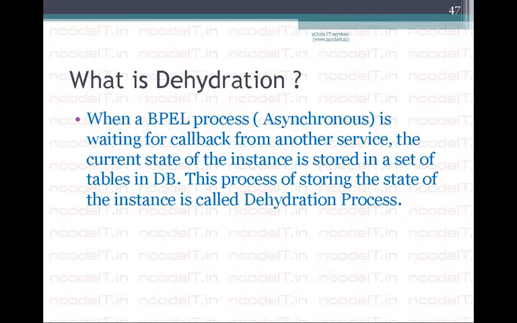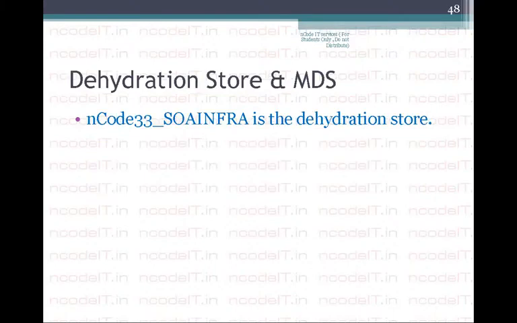So when service 2 calls back, the service 1 should still be available, which means you need to store the state of service 1 somewhere permanently. So at regular intervals, the state of service 1 gets stored to a set of tables in the database. Now those set of tables are called dehydration store.